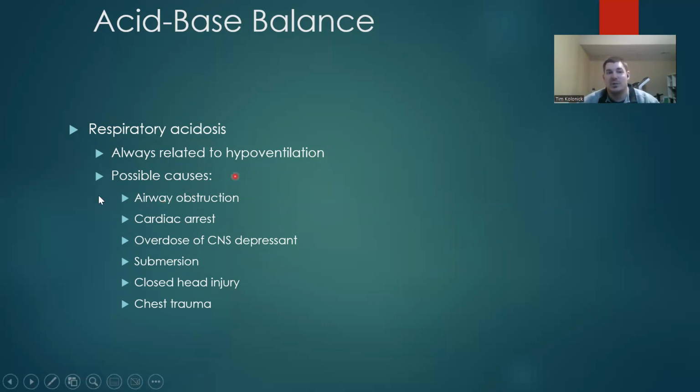Okay? So some of those causes could be your airway obstruction, cardiac arrest, an overdose of some sort of CNS depressant like fentanyl, morphine, something like that, submersion, head trauma, or chest trauma. Okay? Something that's affecting you breathing fast enough.